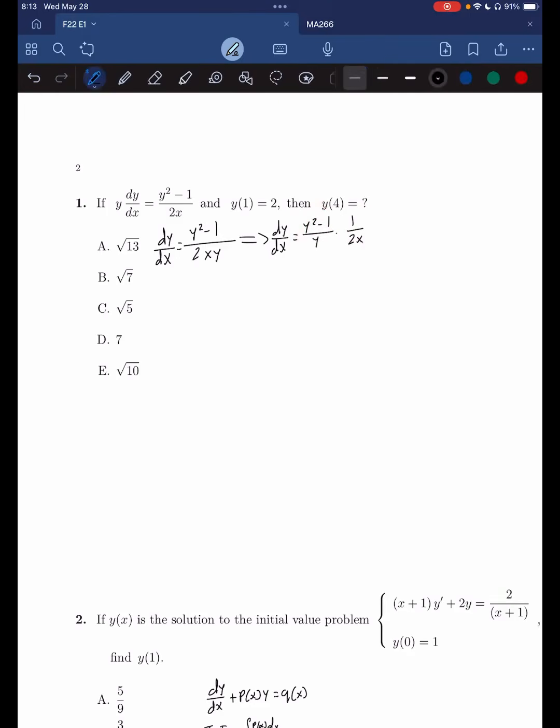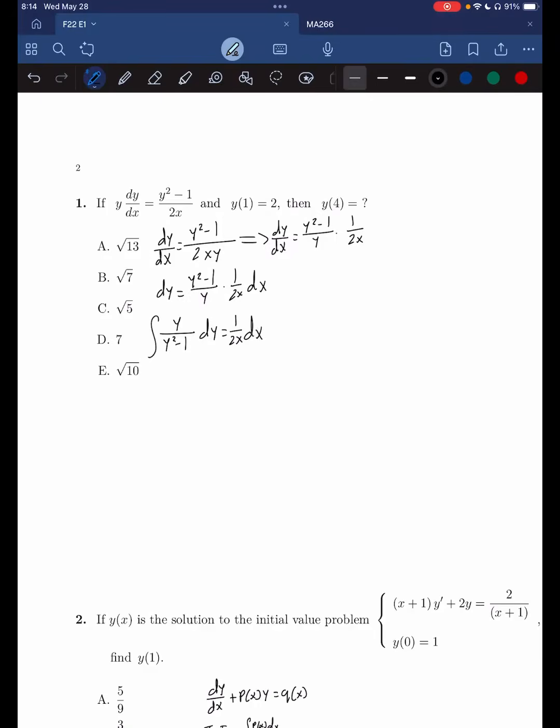So let me multiply the dx over. So I have dy is equal to y squared minus 1 over y times 1 over 2x dx. And then I'm going to divide this term over the left side. So I get y over y squared minus 1 dy equals 1 over 2x dx.